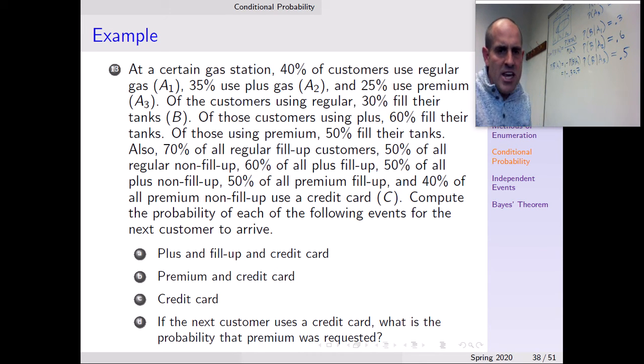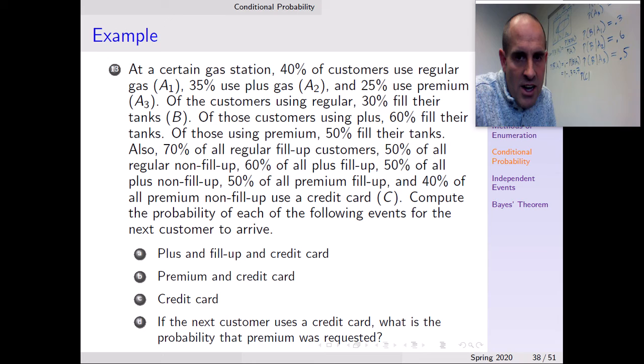What about all this other information that's given to us? 70% of regular fill-up customers, 50% of regular non-fill-up customers, 60% of plus fill-up, 50% of plus not fill-up, 40% of and so on. It's telling us the percentages of those people that actually use credit cards. So what the first one says: 70% of regular fill-up customers.